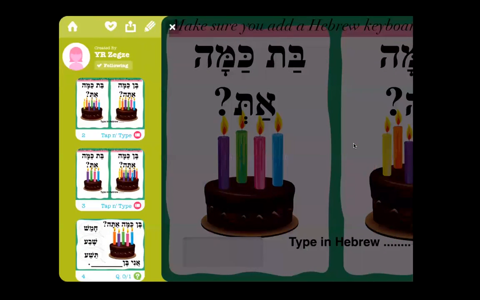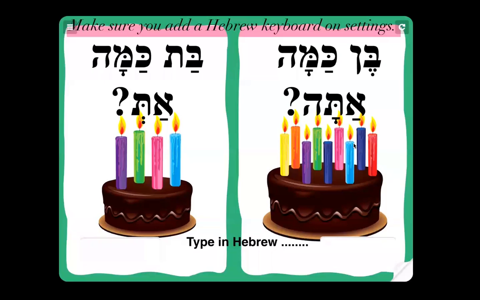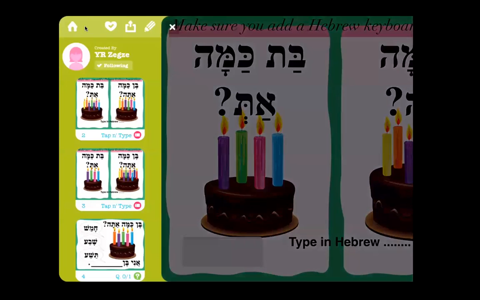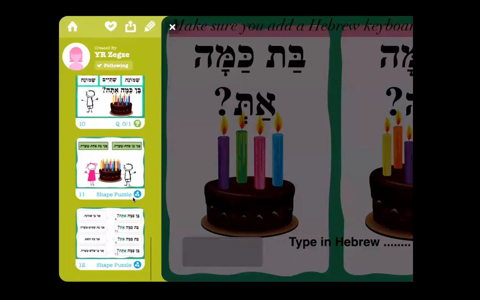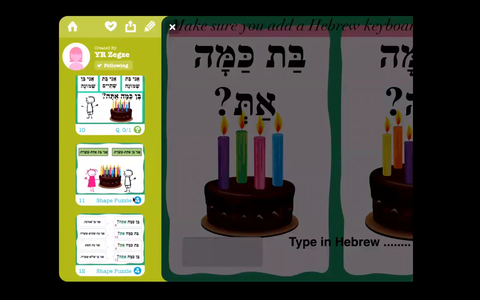By the way, if you want to see how the game is made, if you tap here on the 3 lines, it tells you which activity is on each page. And you can see which activity is on each page and see how the game is created.